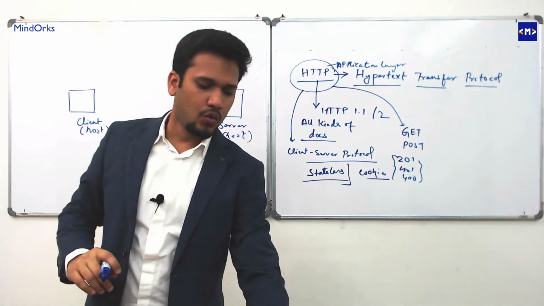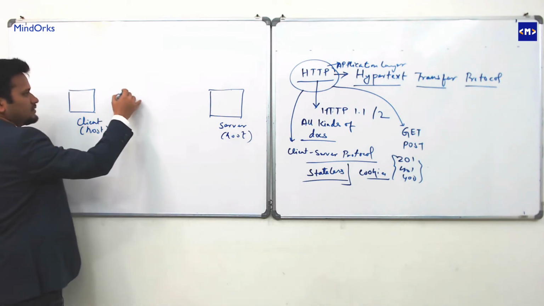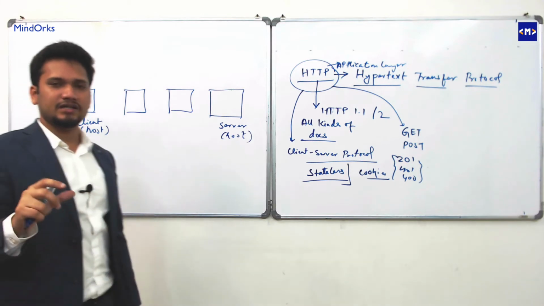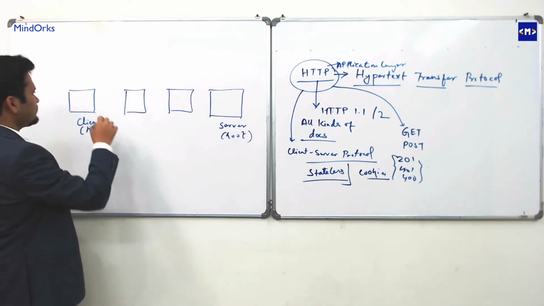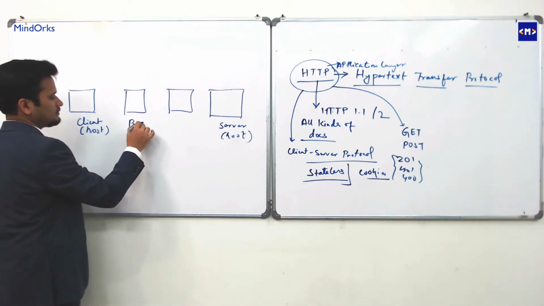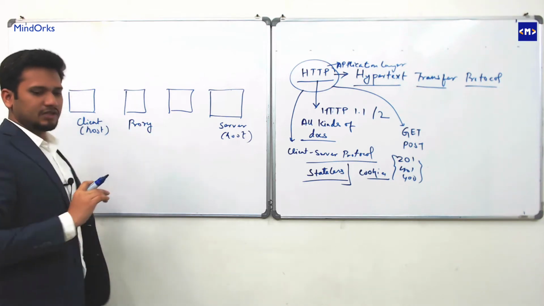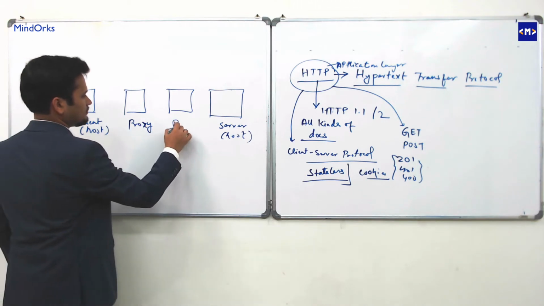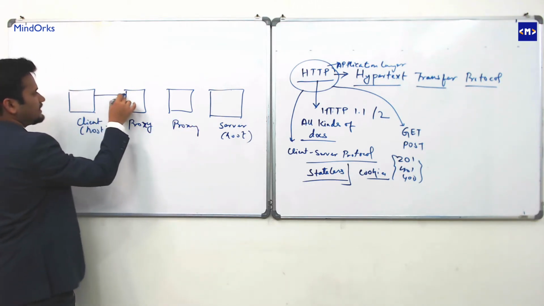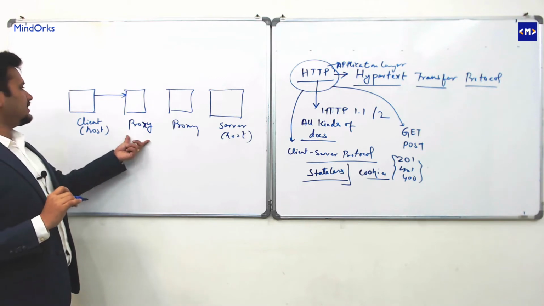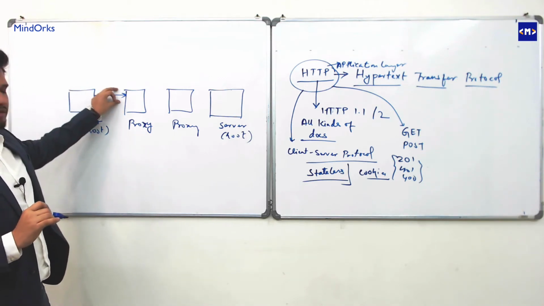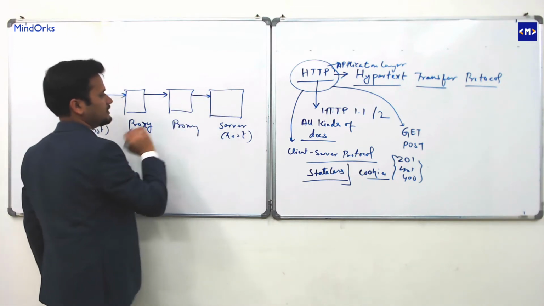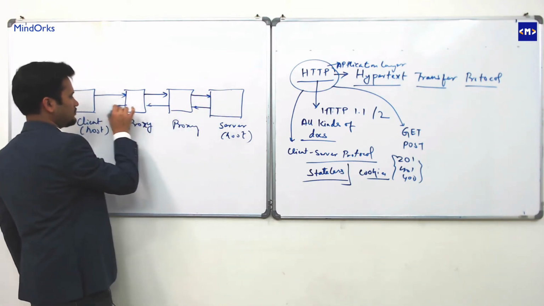When I send some messages, in between the messages are intercepted by other layers. These are called proxy servers, so they act as a proxy. When I send some information, they will capture that request, it can forward to other proxies, and then finally it will be received on the server, similarly back and forth.